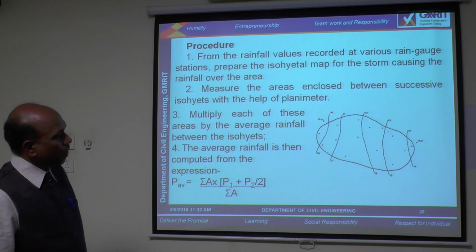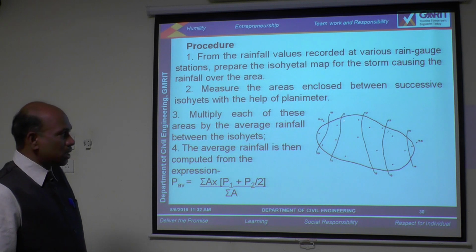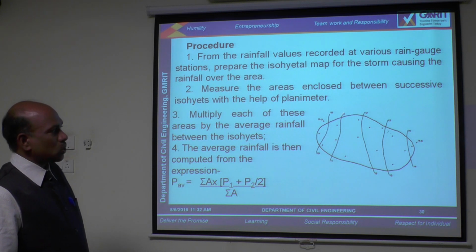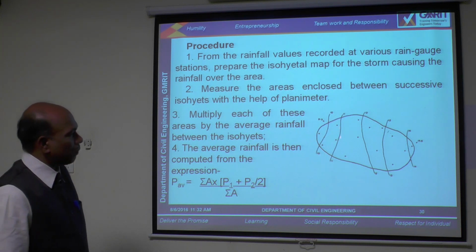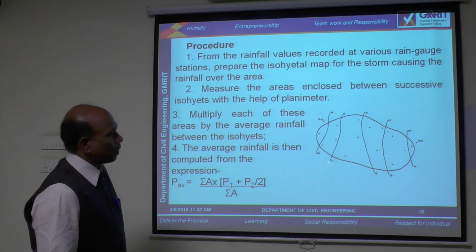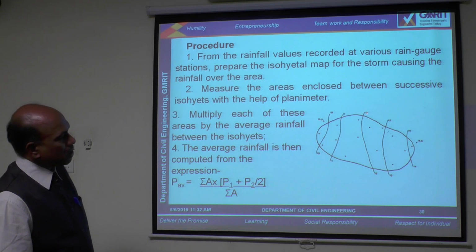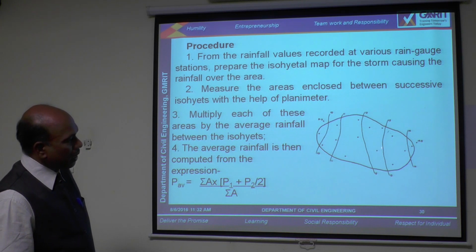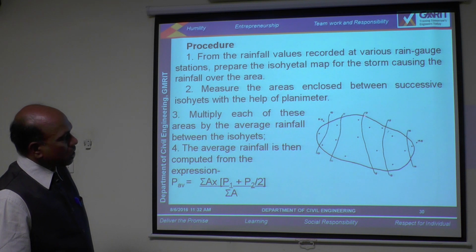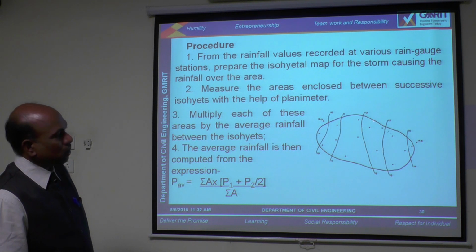Here the rainfall is 10 mm, here the rainfall is 11 mm. The average rainfall of these two isohyets, divided by 2, into the area gives the rainfall depth in a particular zone. Like that, for example, 12 mm rainfall here, 13 mm rainfall here, 12 plus 13 divided by 2 into the area between isohyet 12 and isohyet 13.